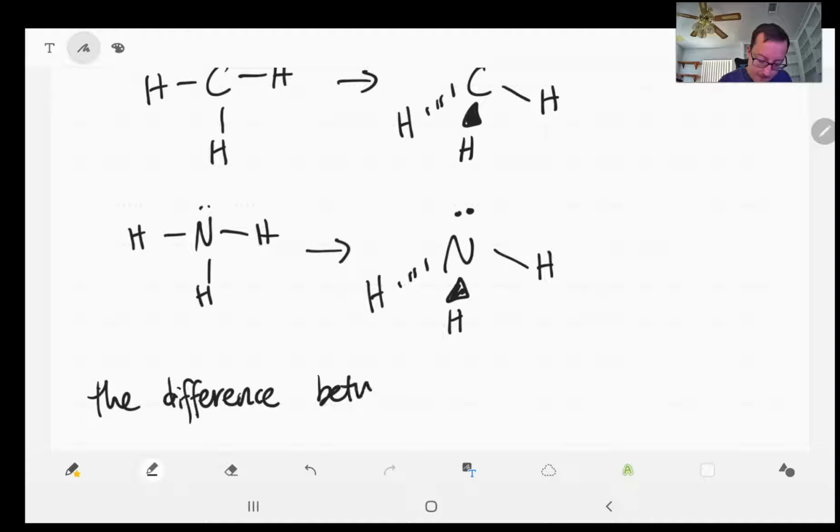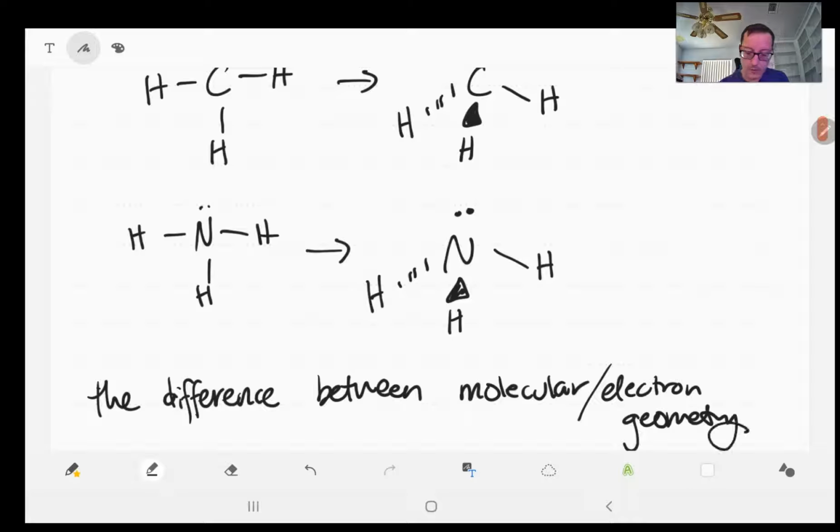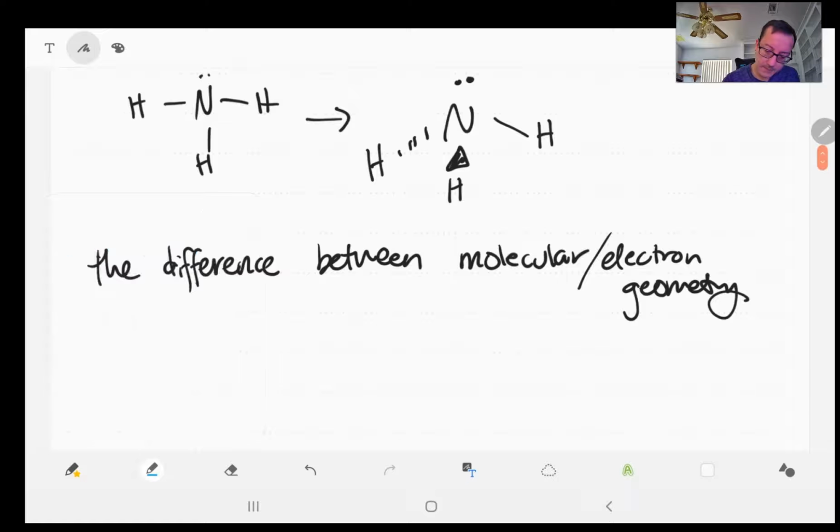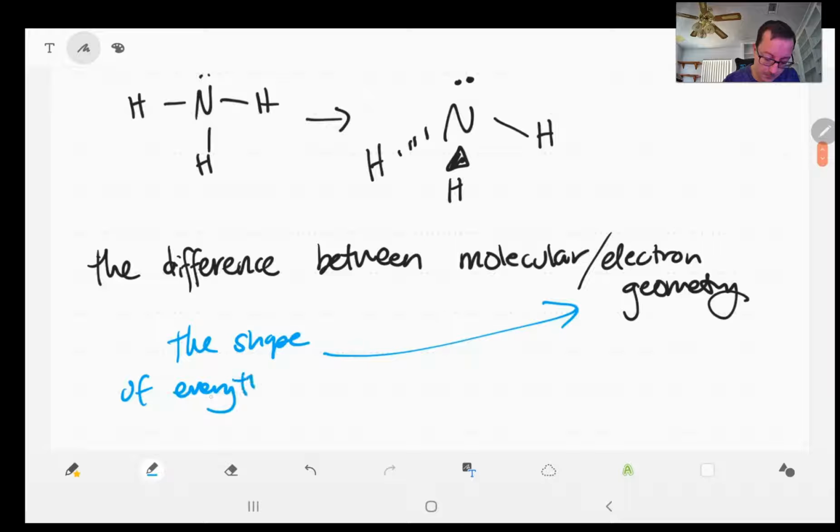So electron geometry allows us to set the shape for everything that's on our central atom. I suppose I can write that. So electron geometry is the shape of everything around the central atom.